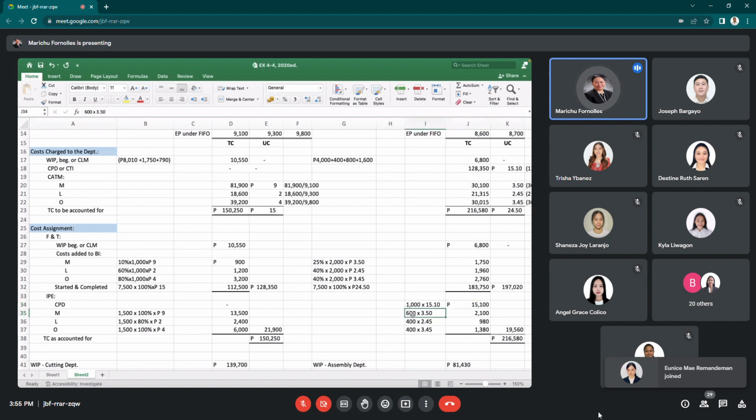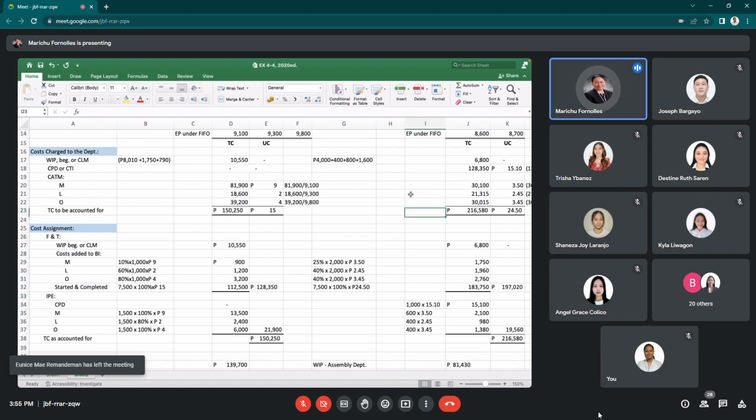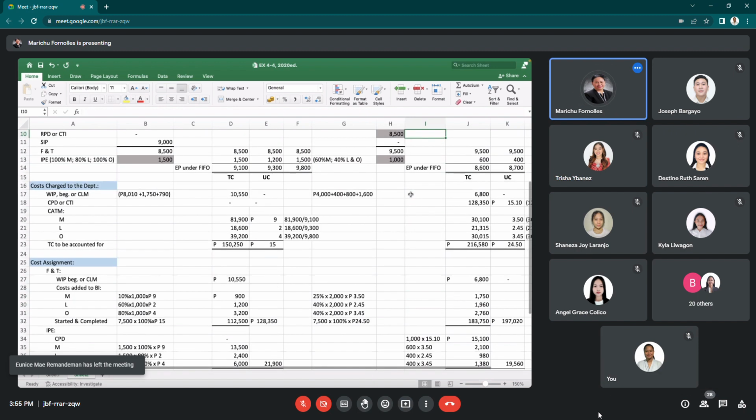For the material cost in IPE, okay, let's go back to the quantity schedule. In the quantity schedule, the EP in IPE for materials is 600. Multiply by the unit cost of materials 3.5 equals 2,100.